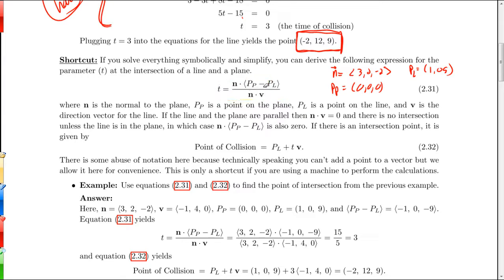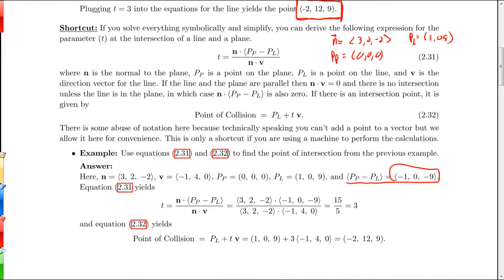I'm going to get the vector of the point on the plane minus the point on the line, so that's really the vector from the point on the line to the point on the plane. That's right here, negative 1, 0, negative 9. If you go through all that, you take n dotted with this vector. It's going to be negative 3 plus 0 plus 18, and that gives you 15.